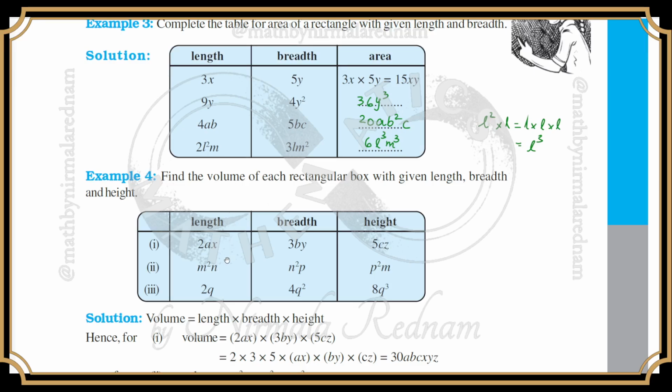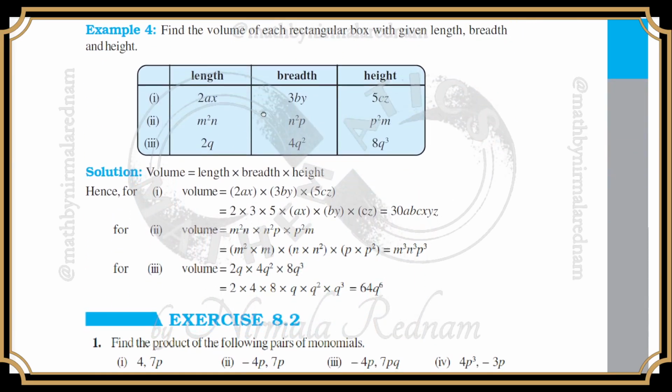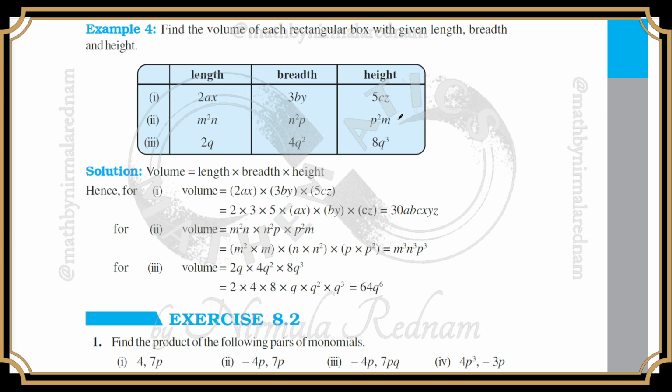Next, look at the fourth solved example. Here I have to find the volume, which means all these three monomials have to be multiplied together, right? So here I have 2 into 3 into 5, which is 30.